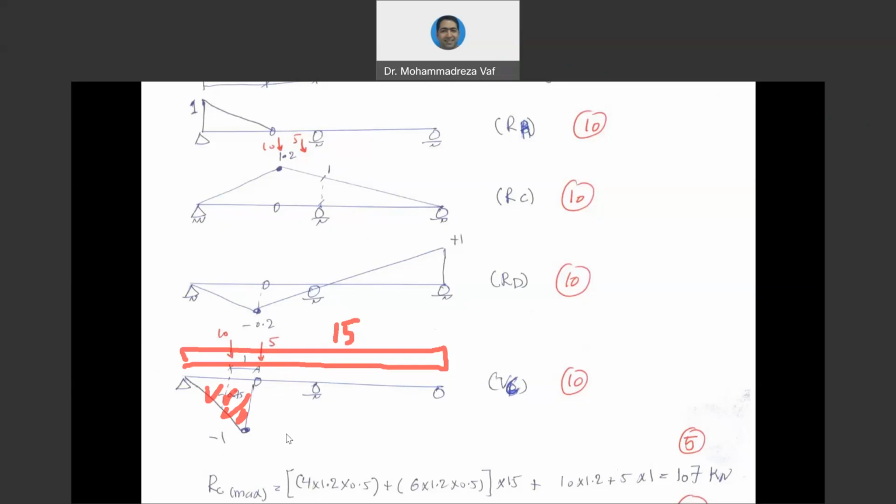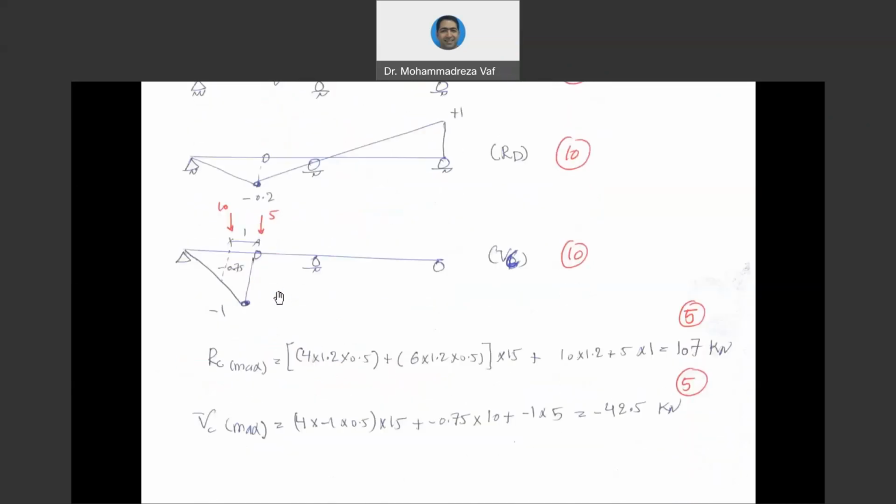It gives you negative 10. Since the first scenario gives negative 12.5, larger than the second one, this is going to be the worst case scenario. So according to these calculations, we have the area multiplied by 15 due to the uniform load, negative 0.75 multiplied by 10, negative 1 multiplied by 5, and totally negative 42.5 is the maximum VC for this structure.